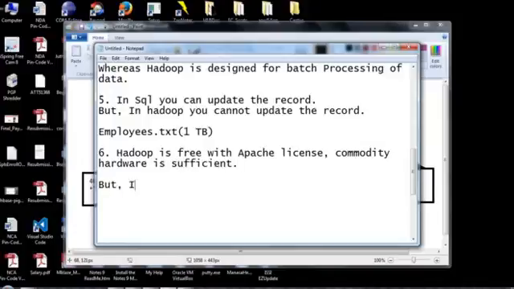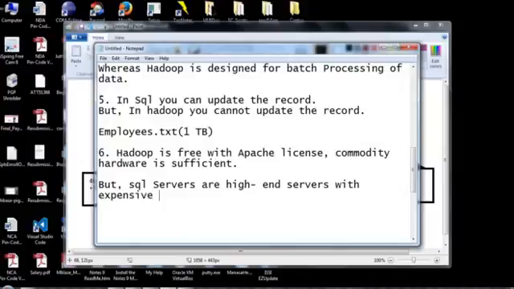But in SQL, we cannot go with commodity hardware. In SQL, we need SQL servers, which are high-end servers with expensive hardware.